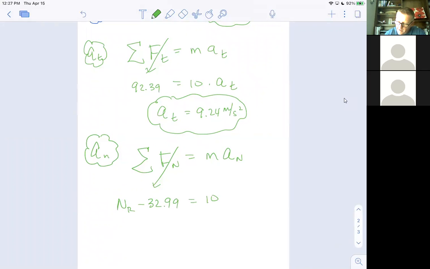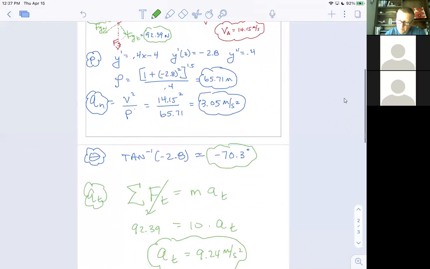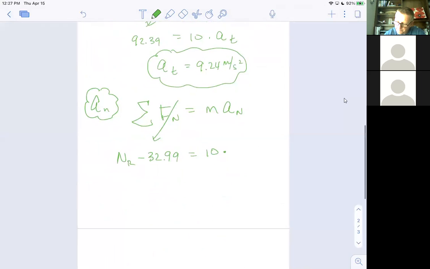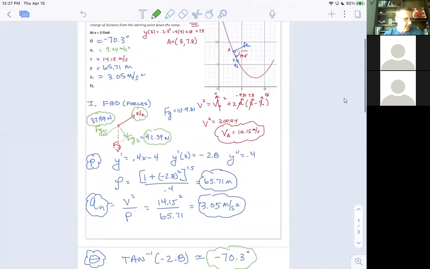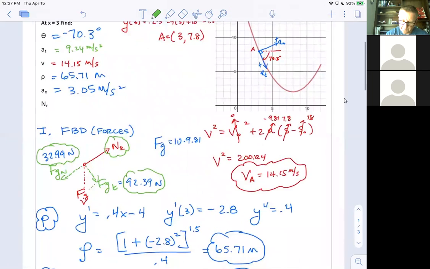I've got 10 for a mass, and I've got my acceleration normal, which I figured out earlier, fortunately, 3.05. So if I punch all of that in, I end up with the normal in the R direction of 63.5 newtons. And so that's how hard the hill is pushing on me again. Massively larger than the other forces involved. Well, some of the other forces involved. So cool.